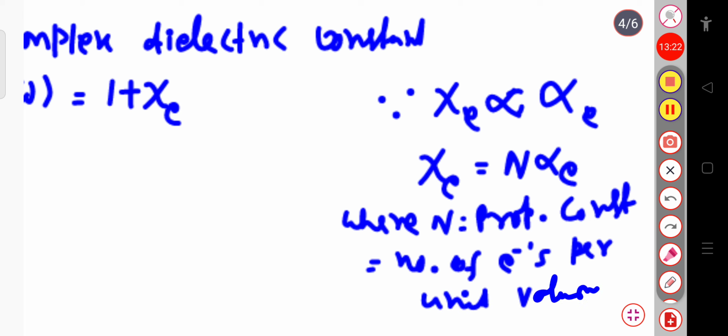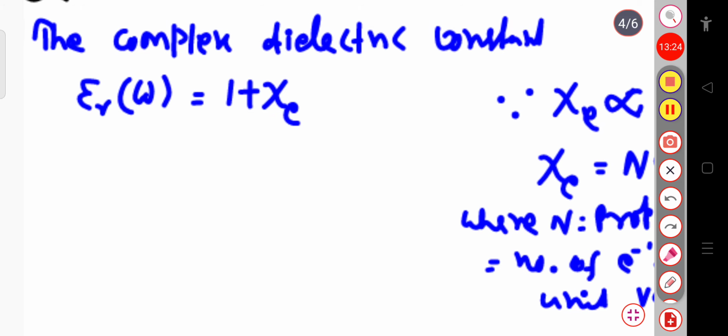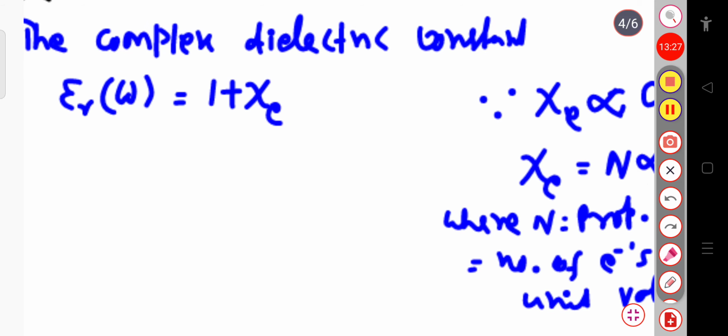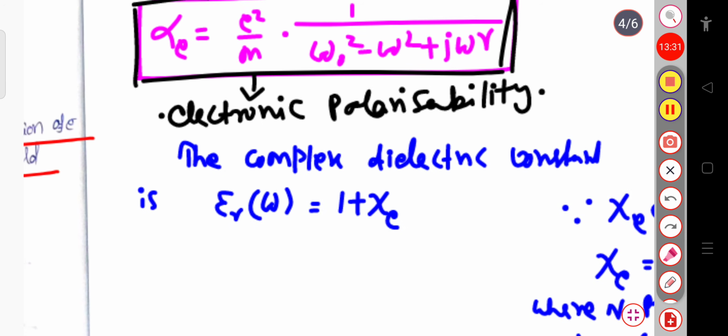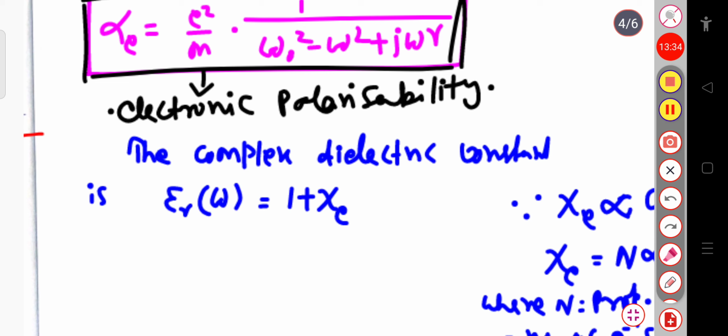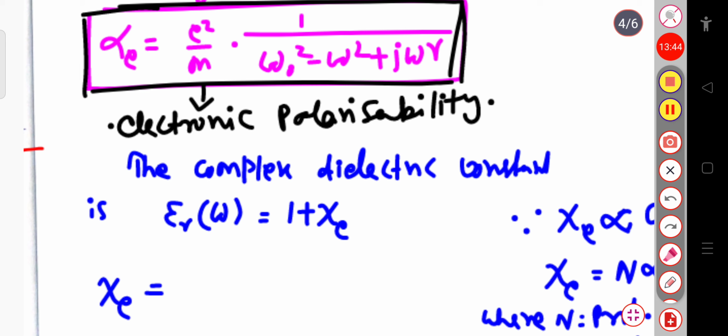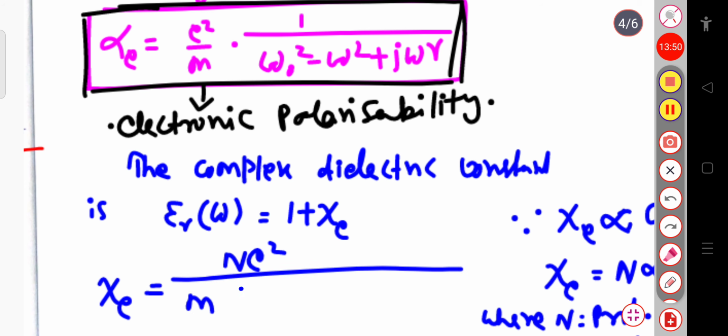Now if I write it here, since chi e equal to N into alpha e, and here we have calculated the value of alpha e, chi e will be equal to N e square divided by m into omega naught square minus omega square plus j omega gamma.